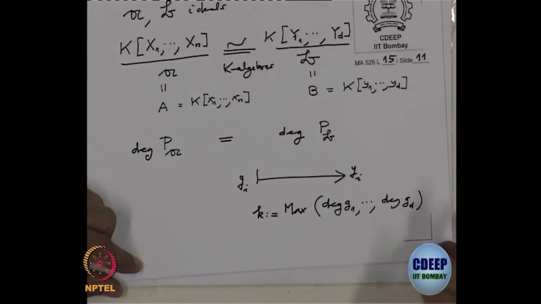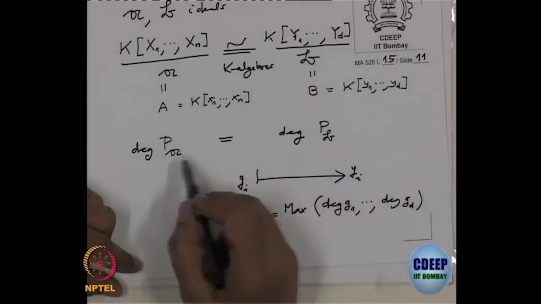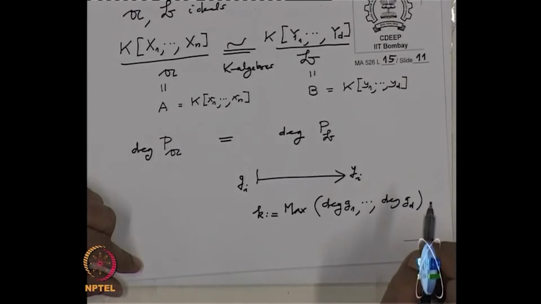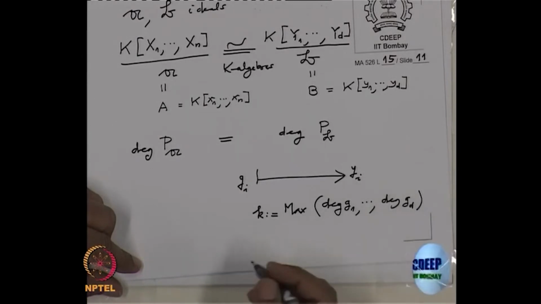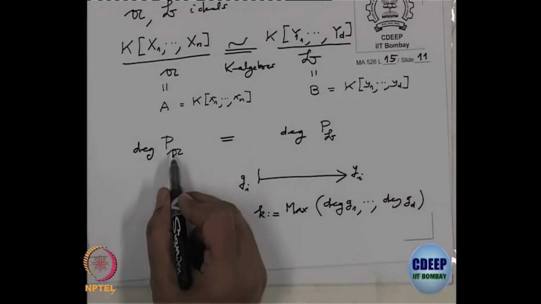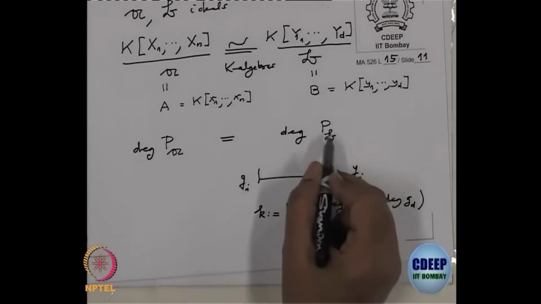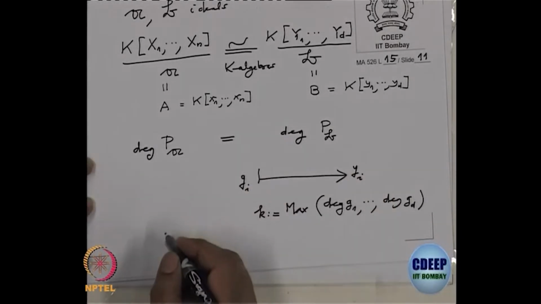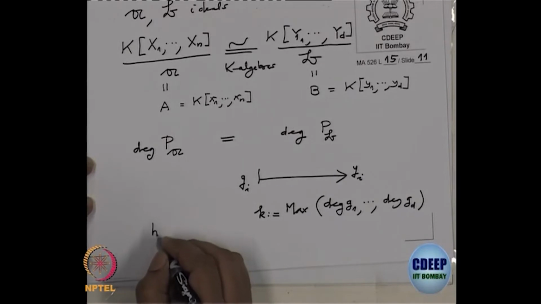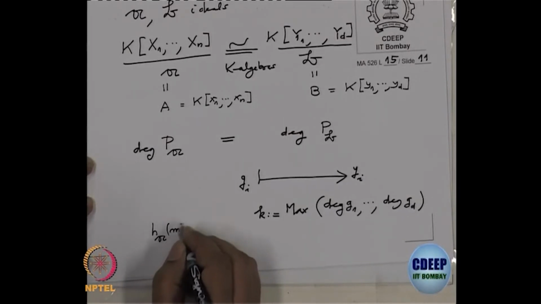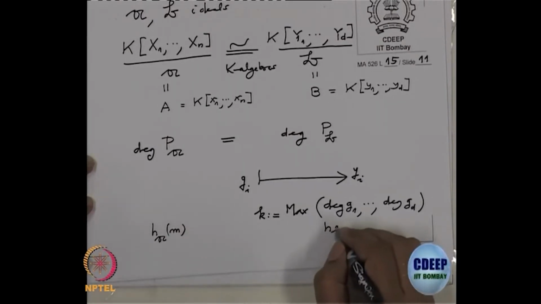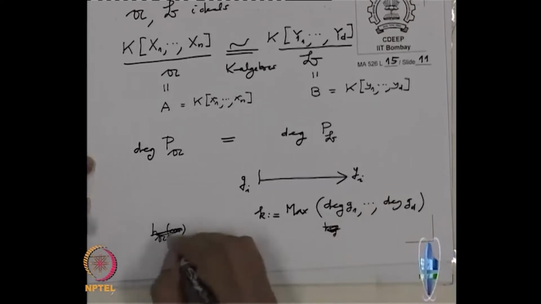Then what do we want to check? Actually, how are you going to check these two polynomials have the same degree? What one will prove is this is polynomial for large m, this is polynomial for large m, and so we have to look at H_A at m and H_B at somebody. So let me use the next page.